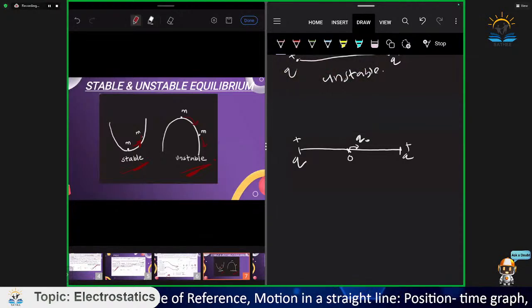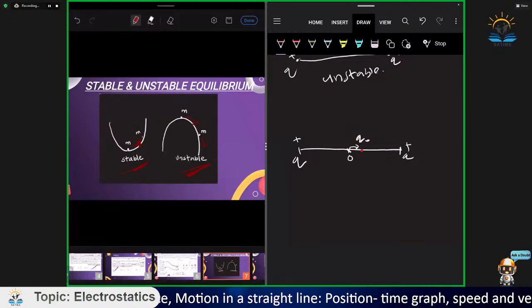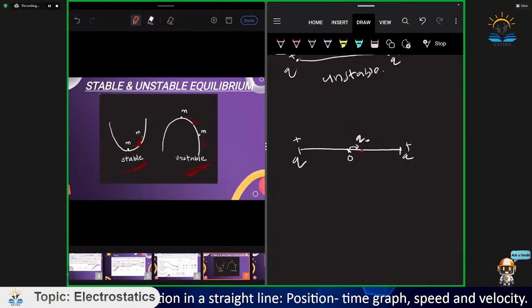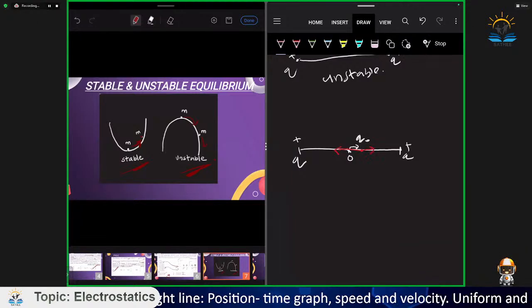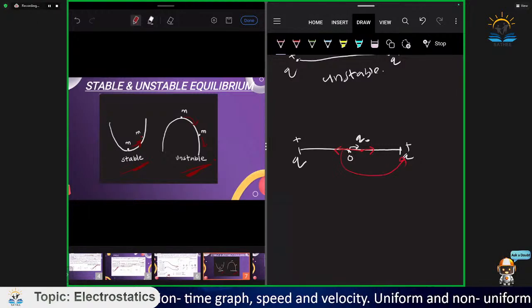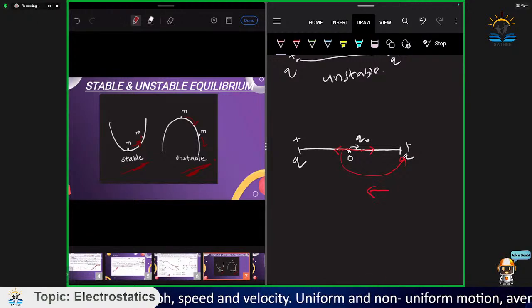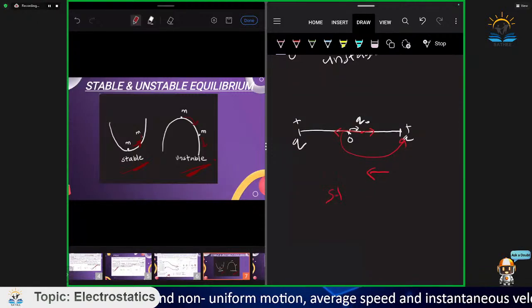This positive charge will repel. The repulsion force due to the nearer charge will be higher because the distance is less. So the net force will be along the minus x-axis. The particle tries to reach its original point, its starting position. That is, the charge is at stable equilibrium.